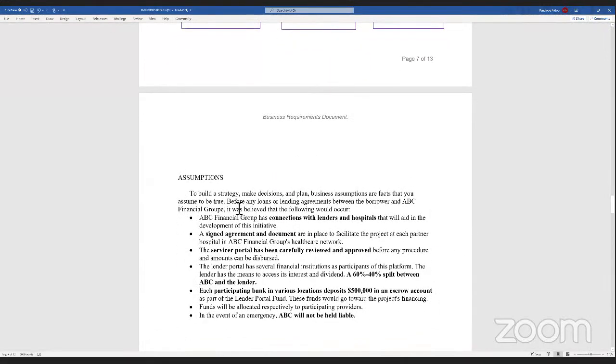And the assumptions, to build a strategy, make decisions, and plan, business assumptions are facts that we assume to be true. So before any loans or lending agreement between the borrower and ABC Financial Group, it's believed that ABC already has connections with these lenders and hospitals, because that's what will start the whole process.